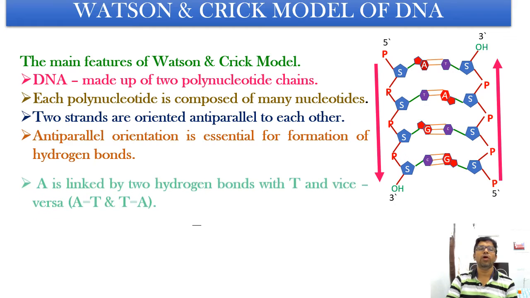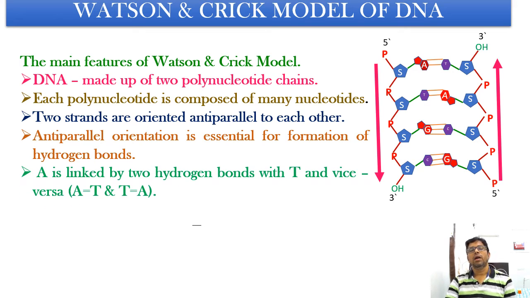And the next point is that adenine is linked by two hydrogen bonds with thymine. Adenine is always paired with thymine with two hydrogen bonds. Here you can see in the picture, this is adenine and this one is thymine, and these are the two hydrogen bonds between adenine and thymine.